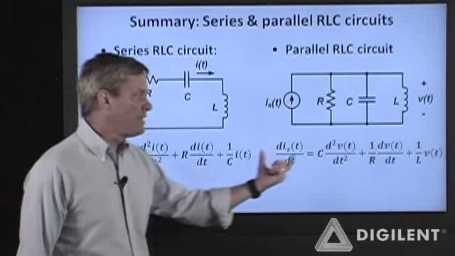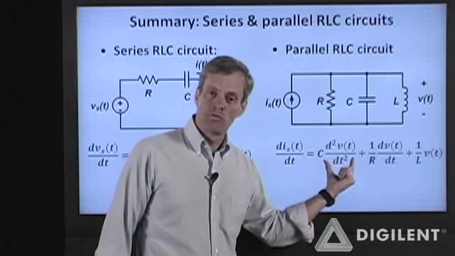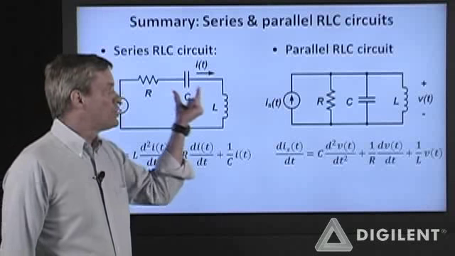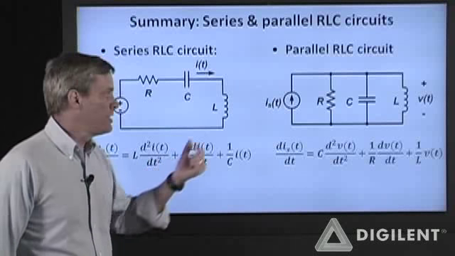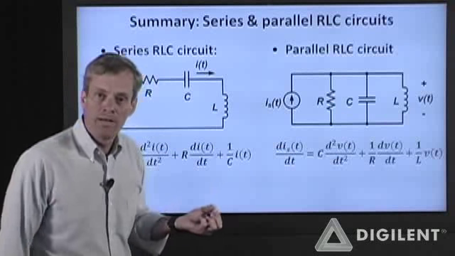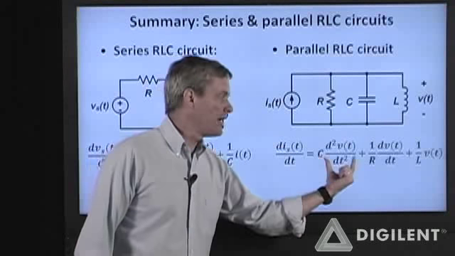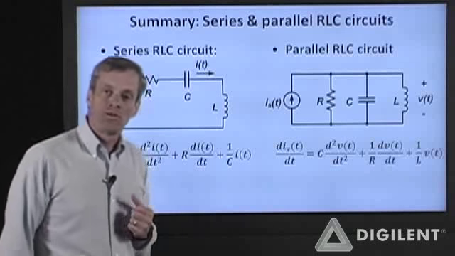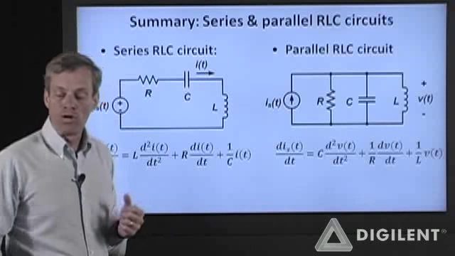Notice, both of these circuits have second-order derivatives in their input-output equation. They have two independent energy storage elements. They each have an inductor and a capacitor. So two independent energy storage elements corresponds to a second-order differential equation, which means the circuit is overall second order.